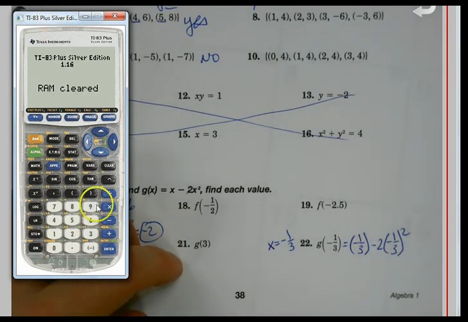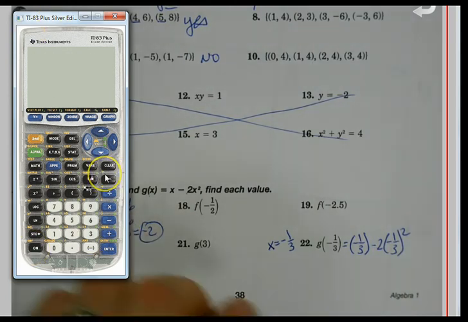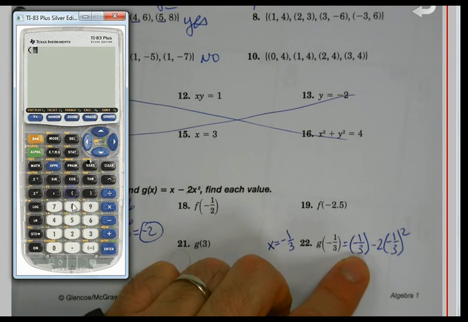Now when we're doing the fractions on the calculator, and we've done this before, notice over here I have parentheses, and you need them too. So there's my negative 1/3 minus 2 times negative 1/3 squared.